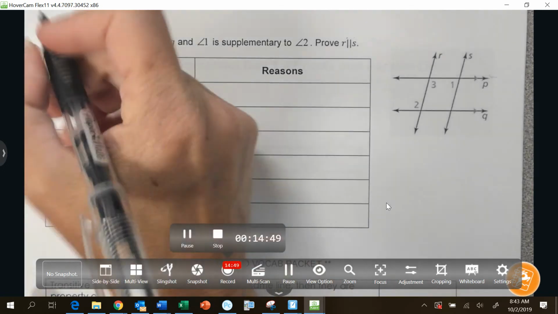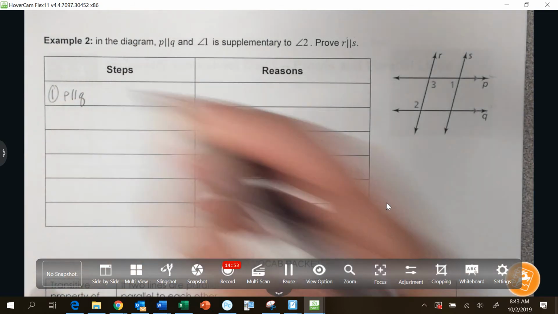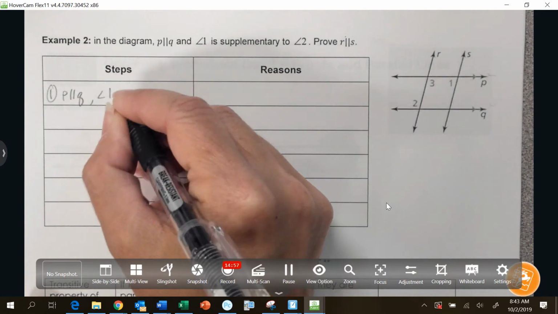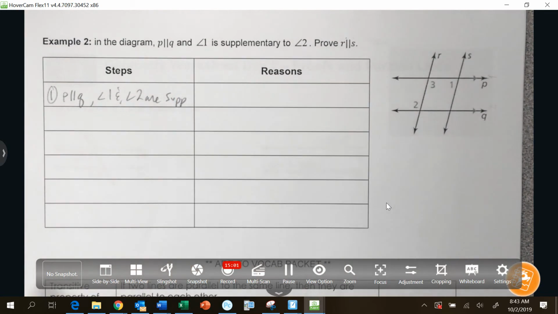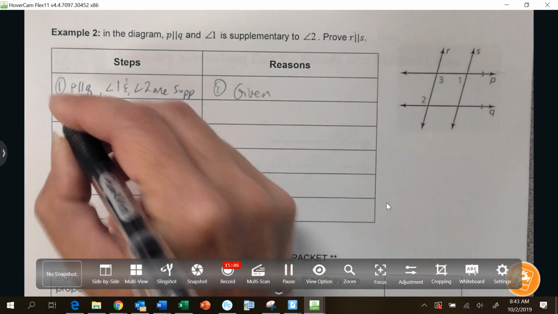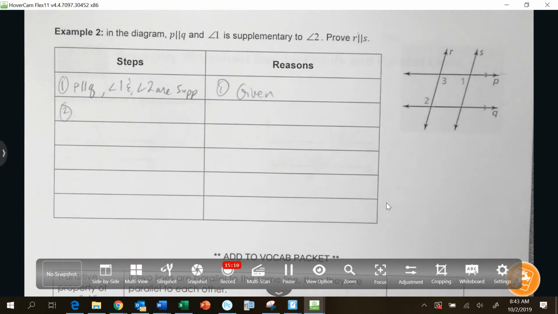So no problems. We wrote step 1. P is parallel to Q, and you said angle 1 and angle 2 are supplementary. Right? Okay, given. And then step 2, some people did one thing, some people did another thing.